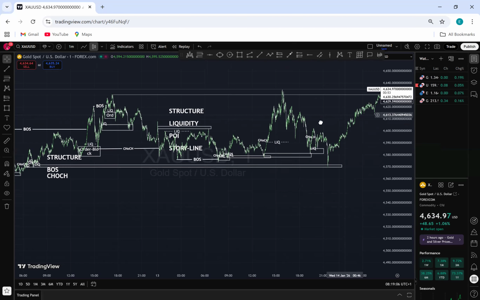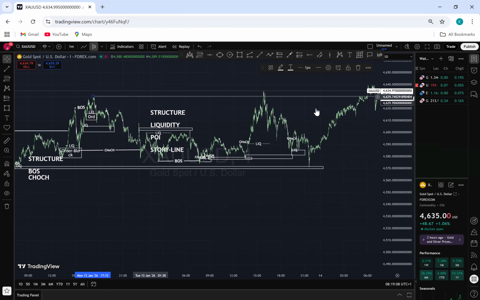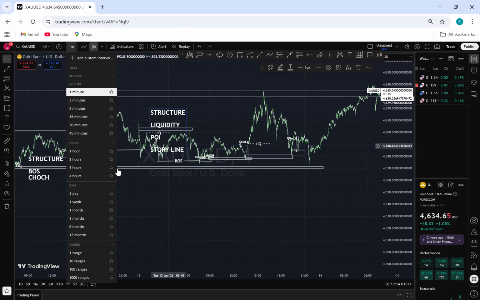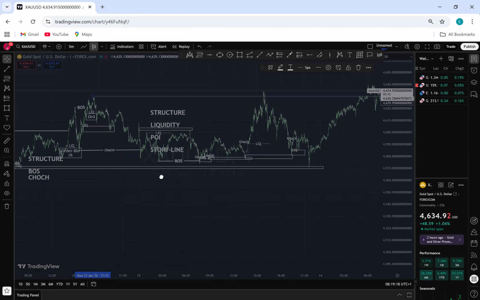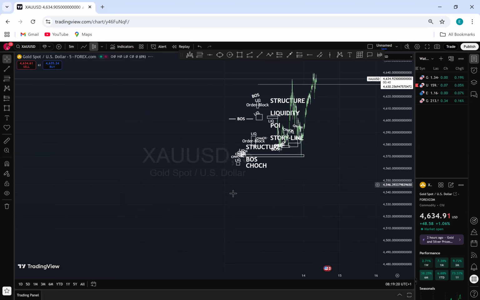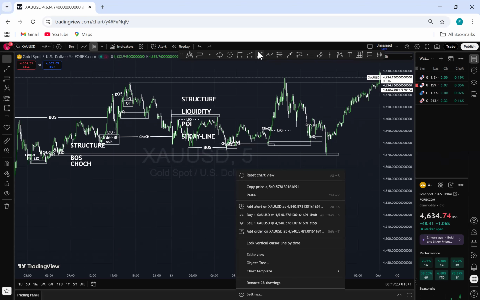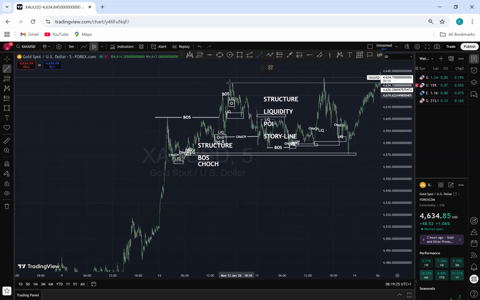So basically what we now have here is, I'm going to go to 5 minutes. This is so noisy. So we have this as, no, this is not the breakout structure.